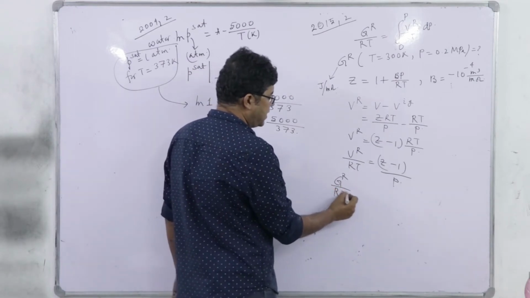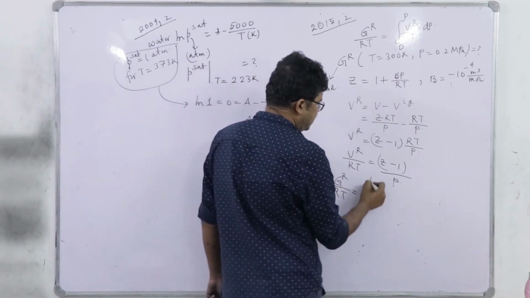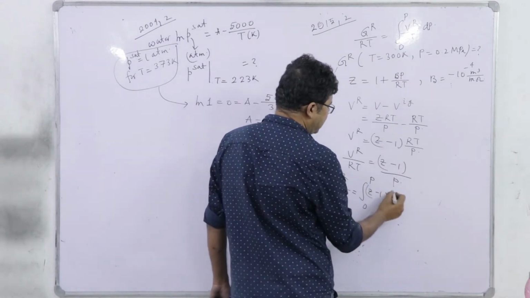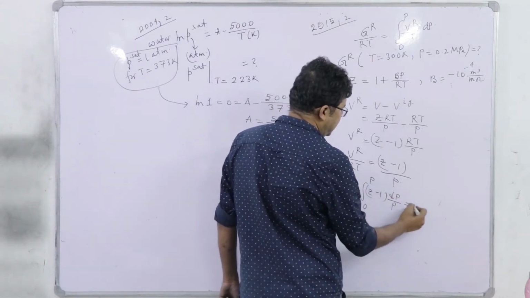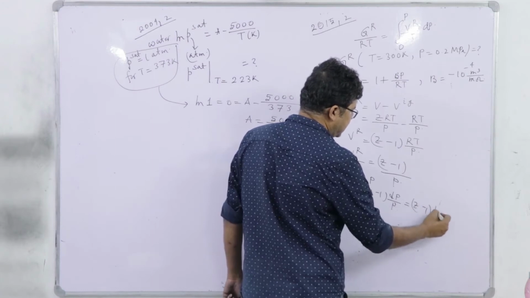So GR by RT equal to the integral from 0 to P of Z minus 1 dP by P, Z minus 1 d ln P.